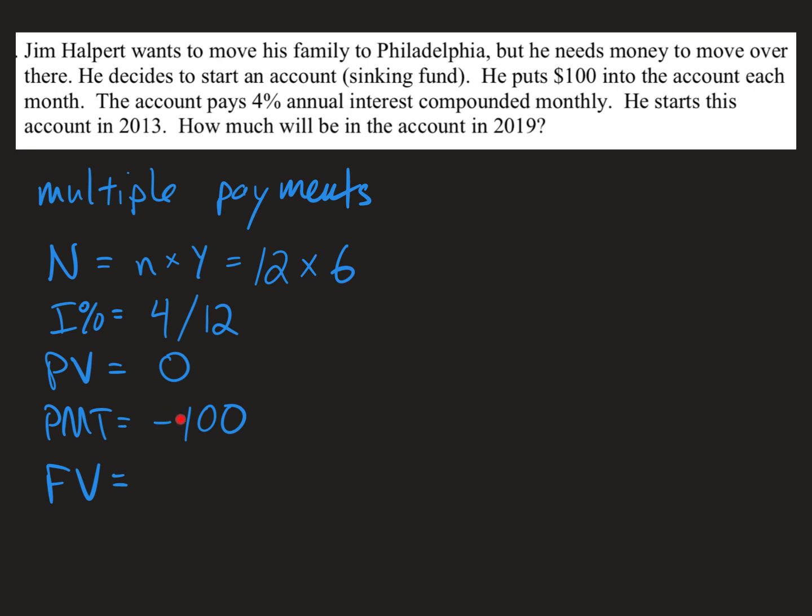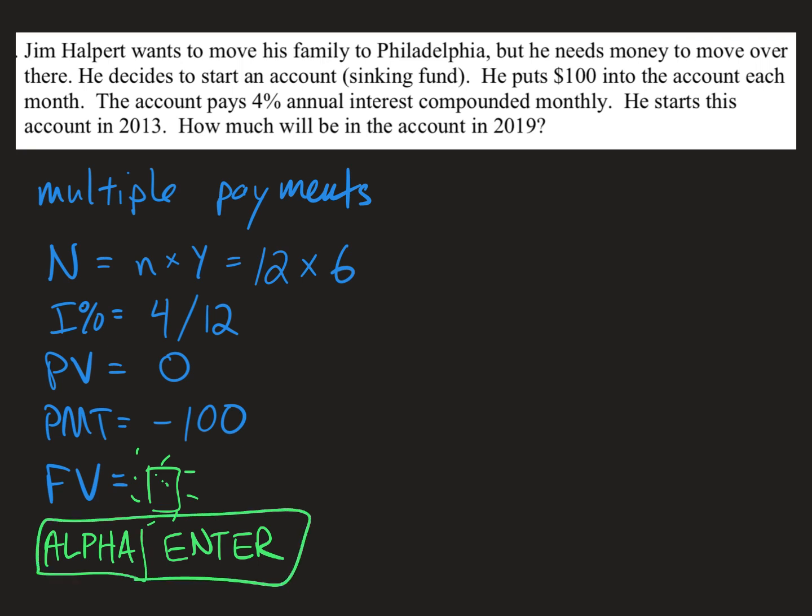Note, the payment is negative. Once you have all of this, you can use the keys alpha, enter, after you highlight the FV and have it blink, to find the future value.